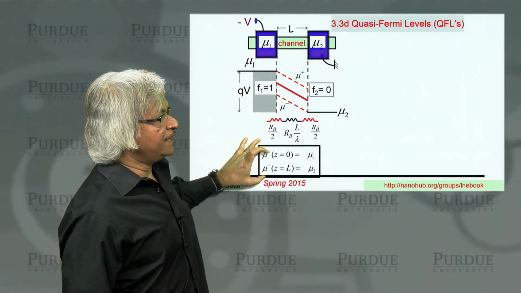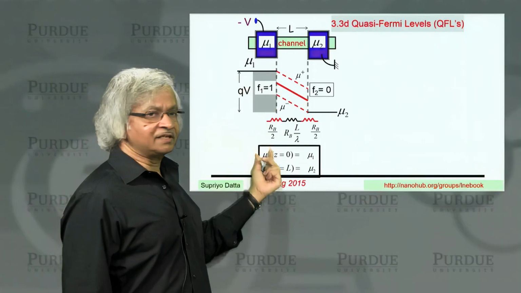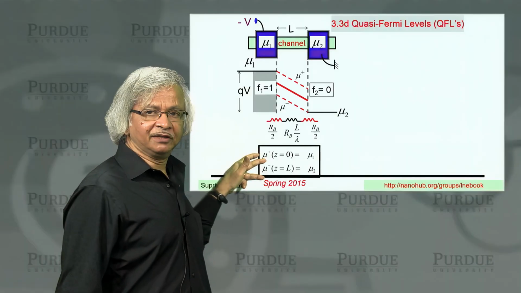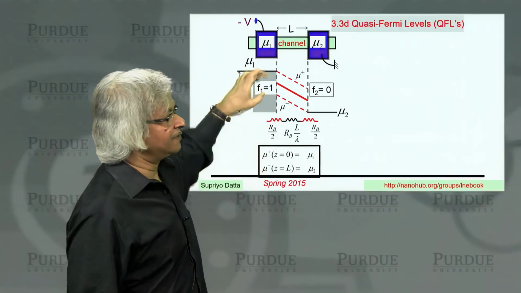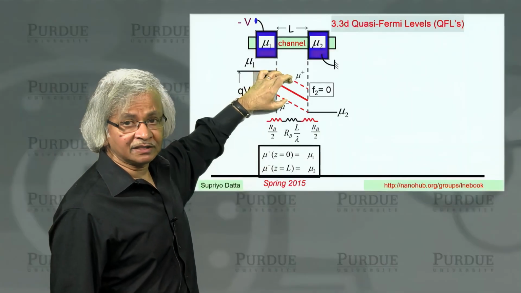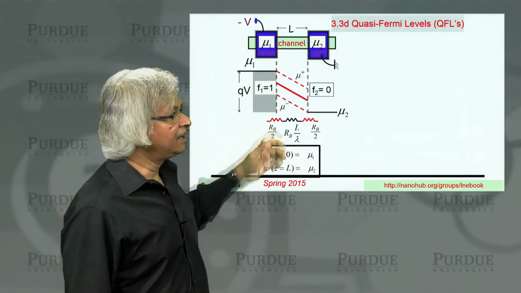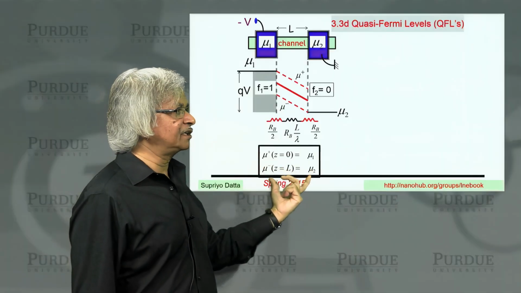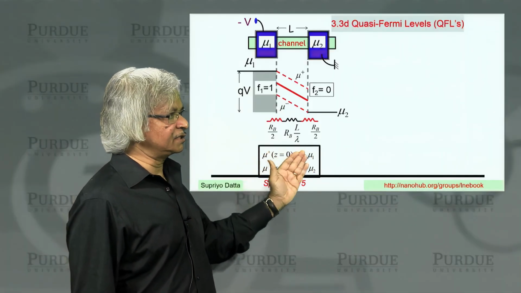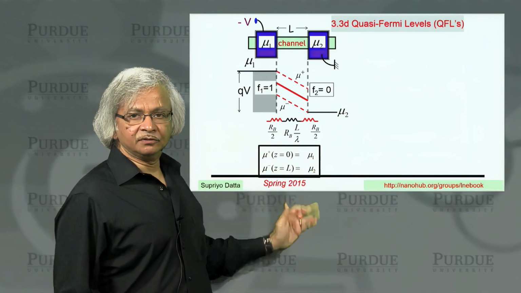So the first point is that you expect there to be two quasi-Fermi levels, two levels that describe the occupation of the northbound lanes and the southbound lanes. They don't have the same electrochemical potential. And the second is that the boundary condition on these quasi-Fermi levels is mu plus at z equals 0 is mu 1, and mu minus at z equals L is mu 2.